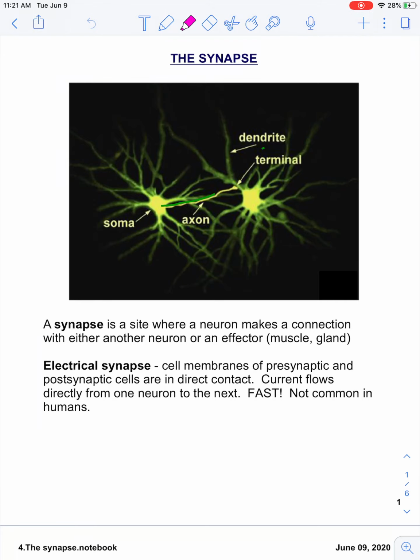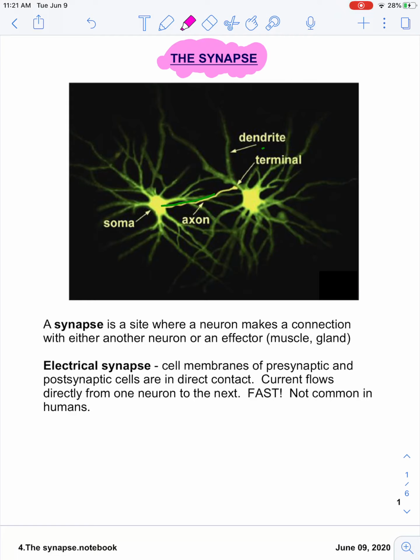Okay, so today we're going to be looking at the synapse. The synapse is the name given to the process by which we move an electrical current from one neuron to another, because the nervous system is all about pathways. Forming pathways, maintaining pathways.